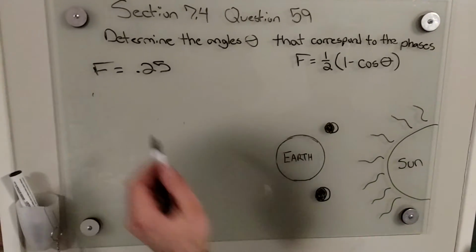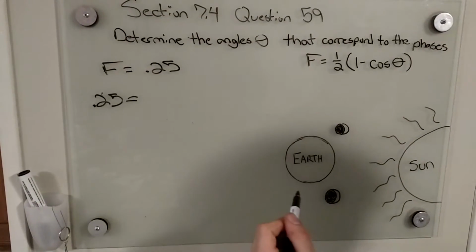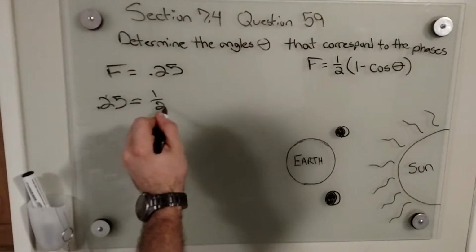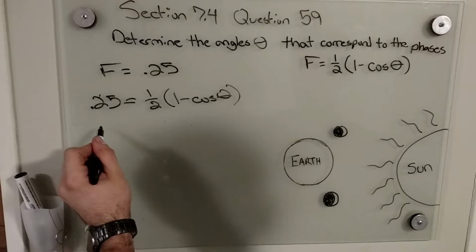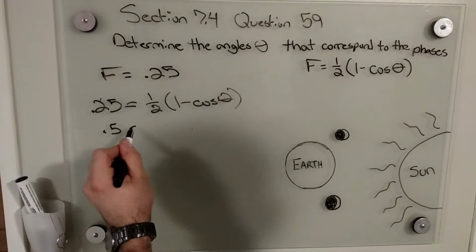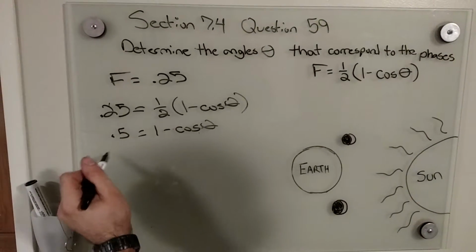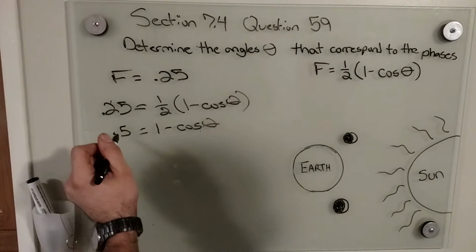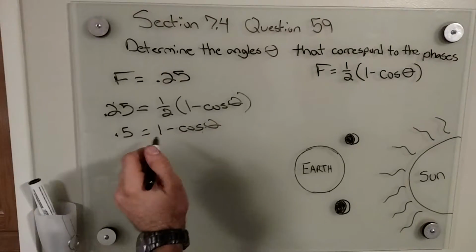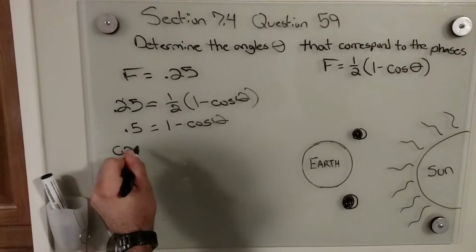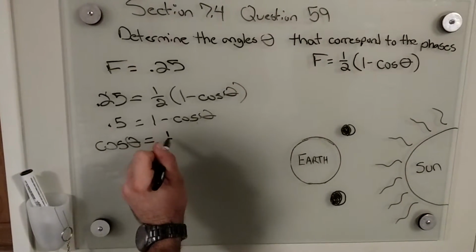Alright, so we'll go ahead and work the problem out again real quick. Multiplying both sides by 2, we get 1 minus cosine theta. Add cosine theta to the other side, and I'm going to do this all in one step because this is all pretty basic math at this point. We'll get cosine theta over here, subtract 1/2 from the other side, get cosine theta equals 1/2.